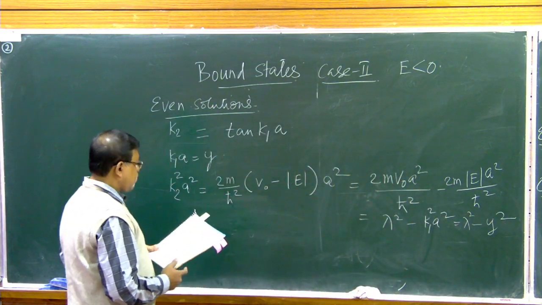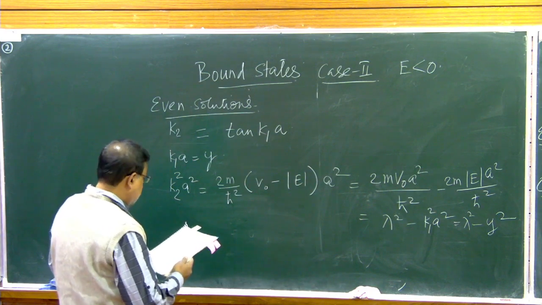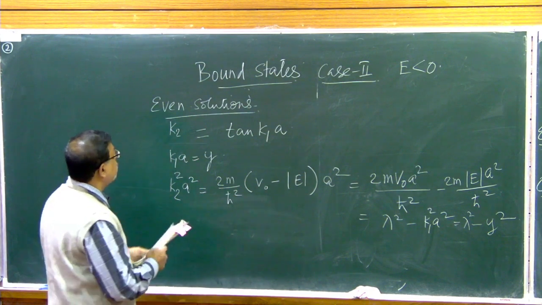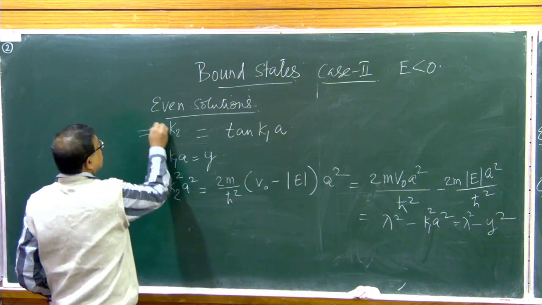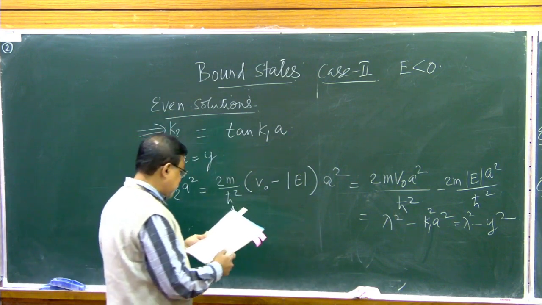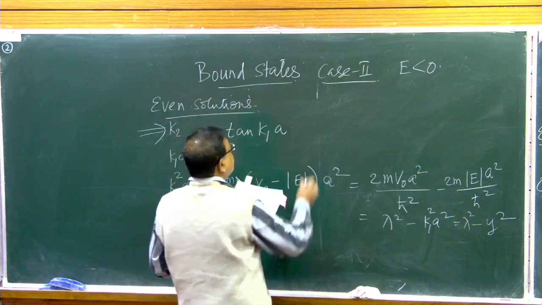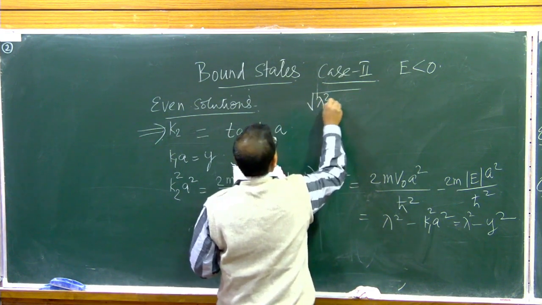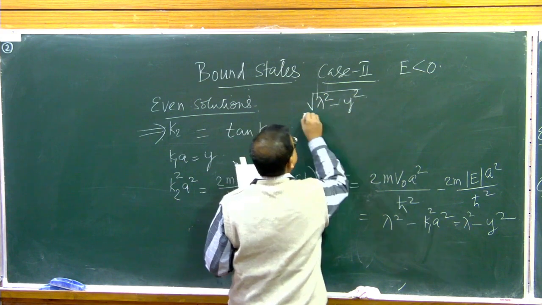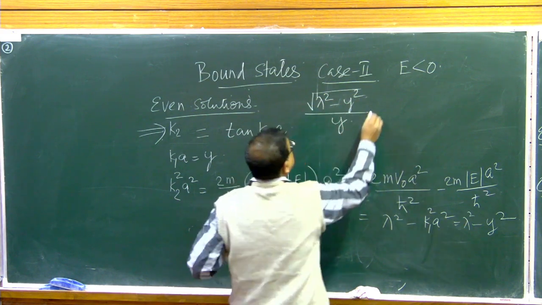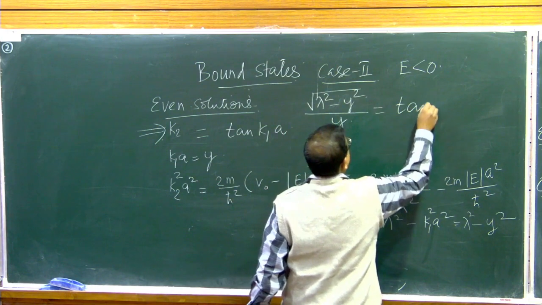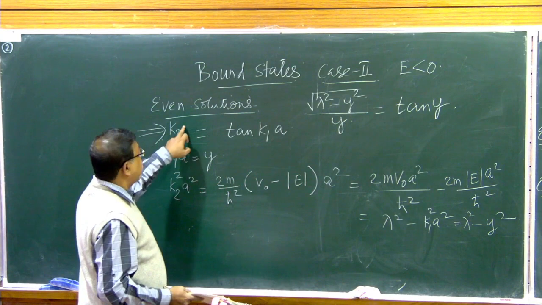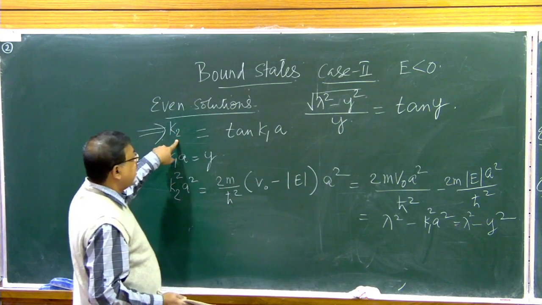So what have you achieved so far? If you put back everything into the original equation, then what you get is the following: root over lambda square minus y square divided by y equal to tan y. What you have done is that you have multiplied by a and divided by a on the left hand side.